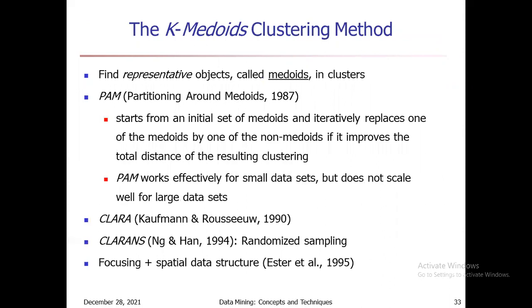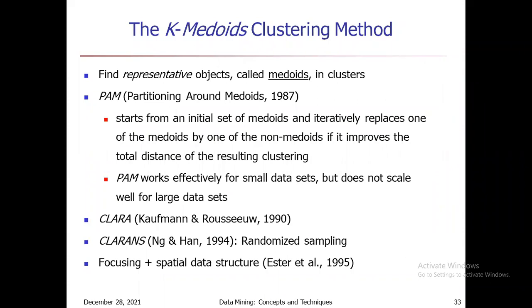Now the k-medoids clustering method. We have studied the k-means method, and now the next method is k-medoids clustering, where any object can be considered for identifying a cluster. K-medoids is also called partitioning around medoids, that is PAM.